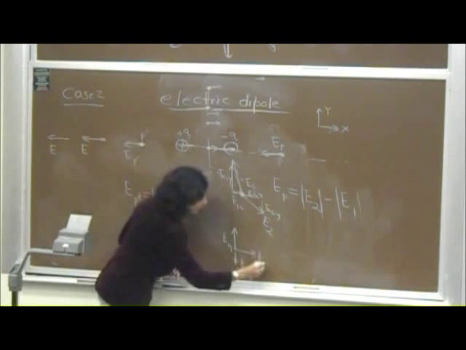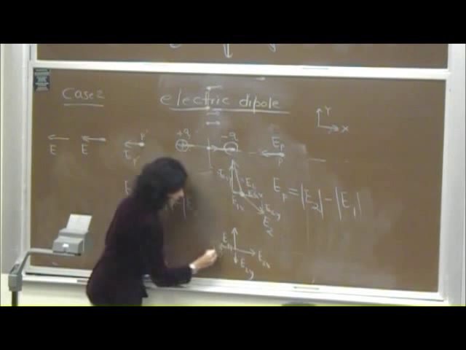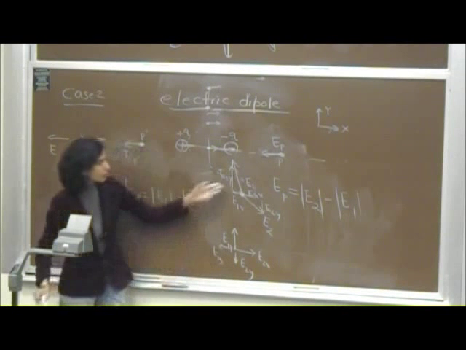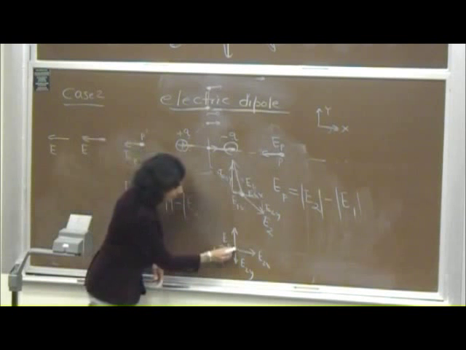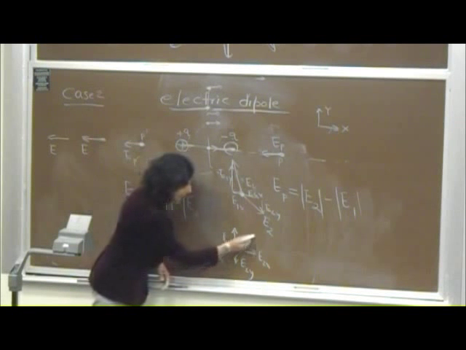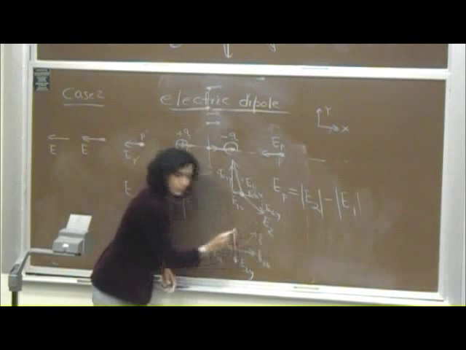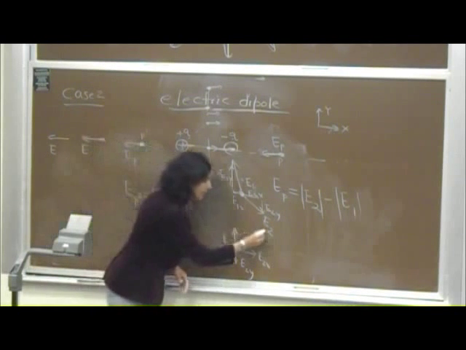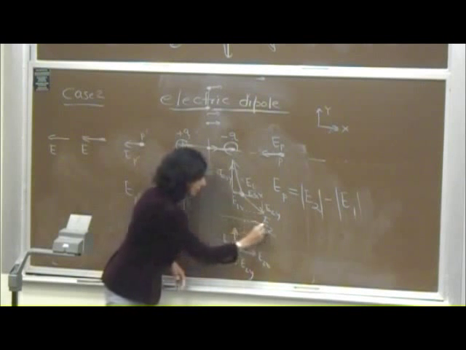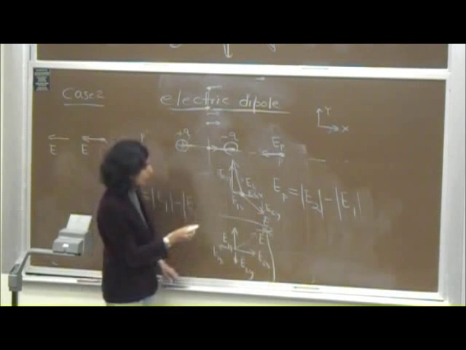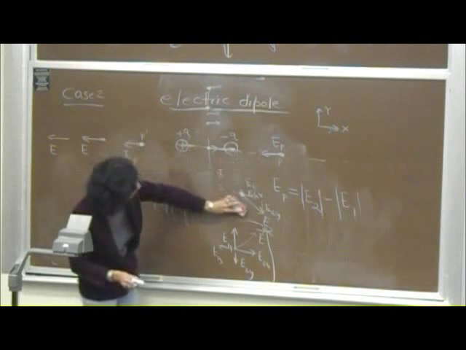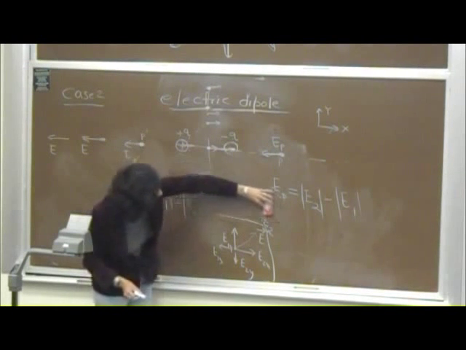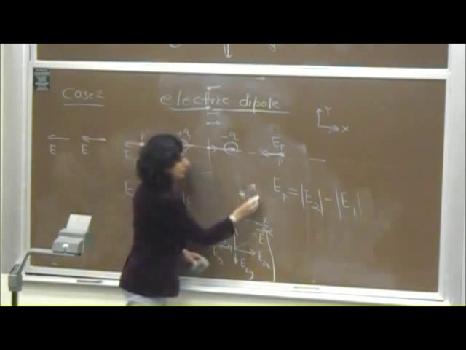You can find the net of this, and the net might turn out to be, for all you know, something like this. I'm not going to work out the math right now, but this is what you might find, that the net is like this. So instead of all of this mess here, I could just replace all of this mess with an E net, let's say, pointing like this.